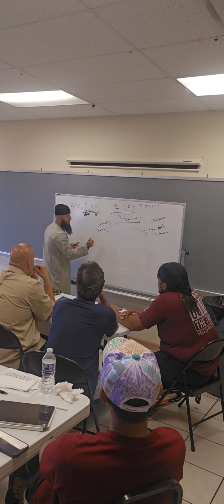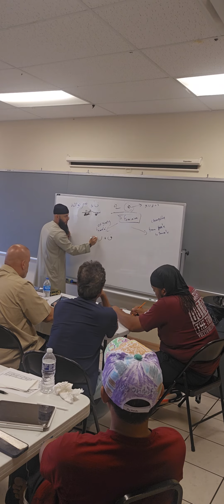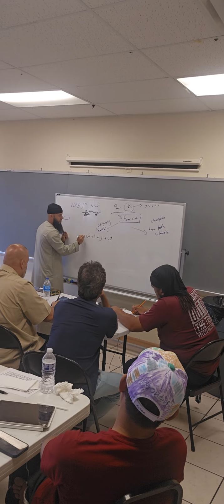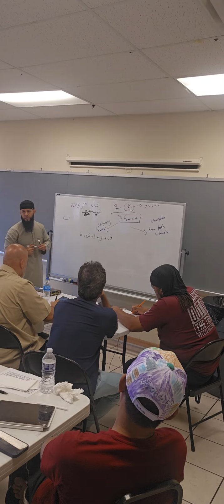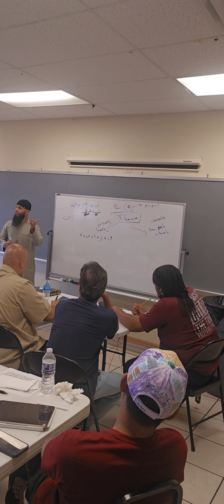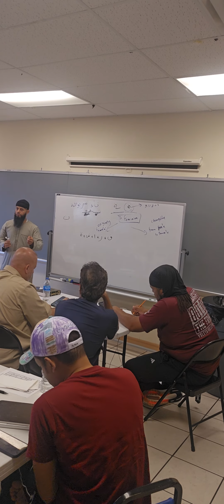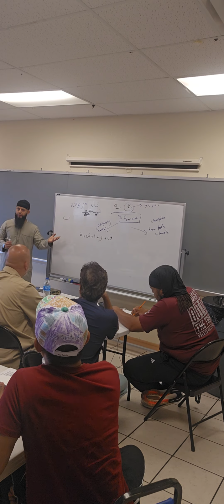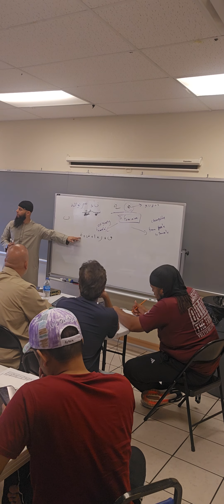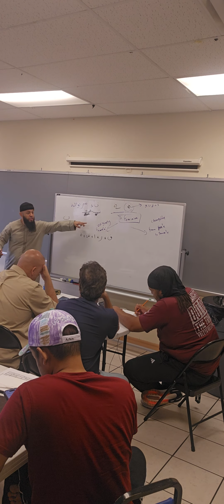We have a word that starts with fa, and then ra, and then alif, and then sha, and then ta marbuta. Now, what is this word? Is it male or female? Female. It's a female gender. Why? Because there's a ta marbuta at the end. So I know for sure it's originally female.